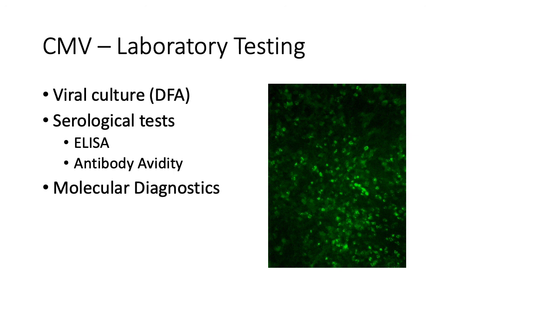Most assays detect IgG, as there are limitations with IgM assays, such as the inability to differentiate a new infection from reactivation. Many rapid screening tests utilize latex agglutination. Latex particles previously sensitized with CMV viral antigen are mixed with patient serum.